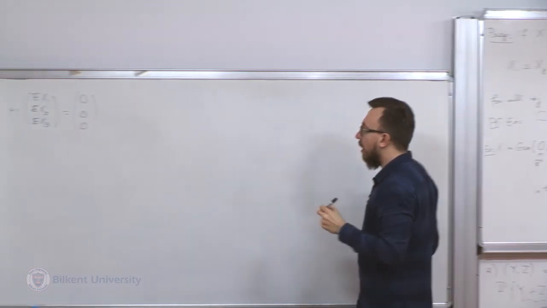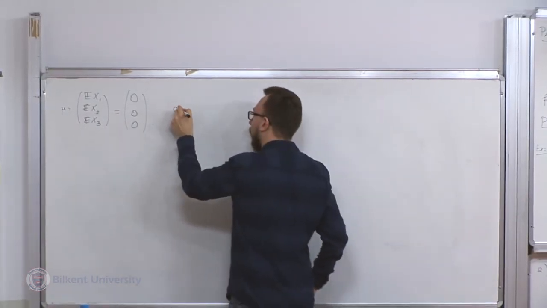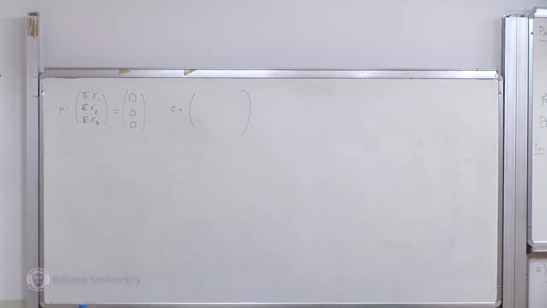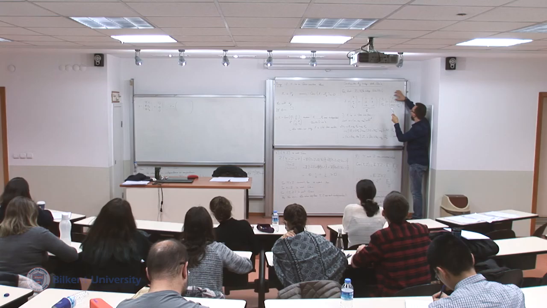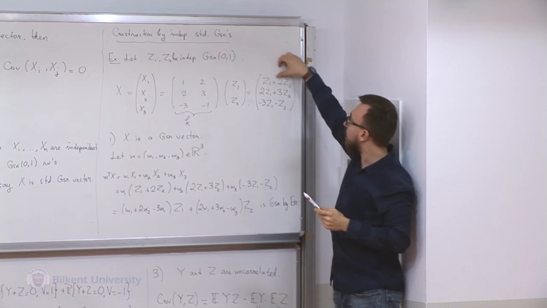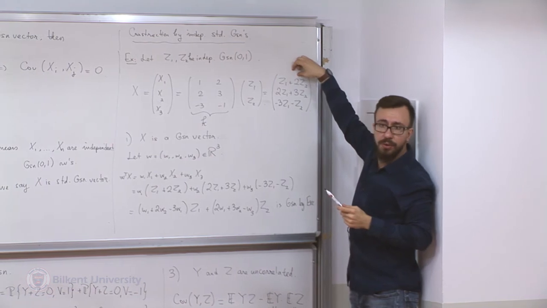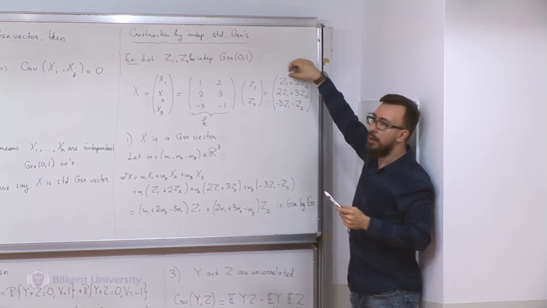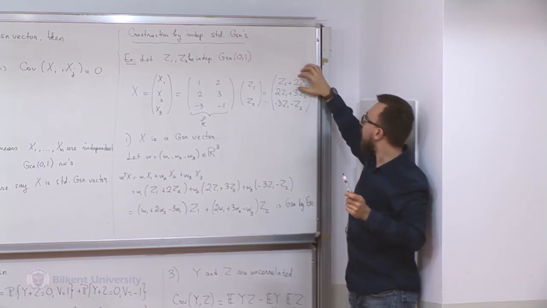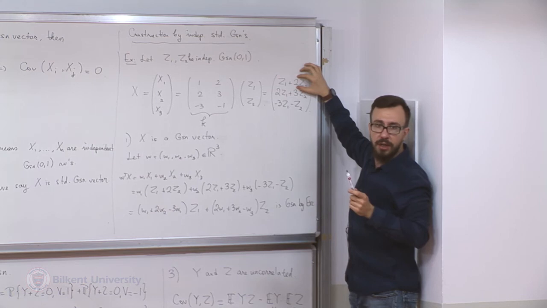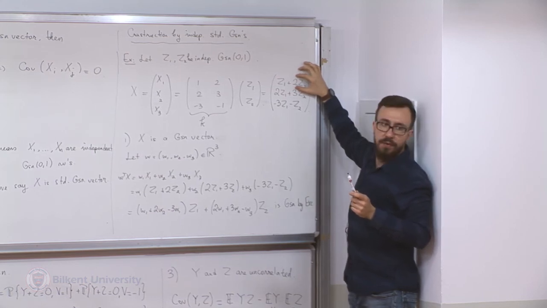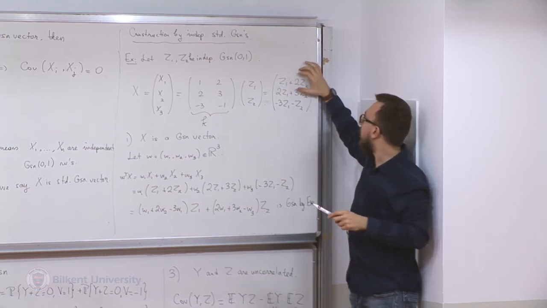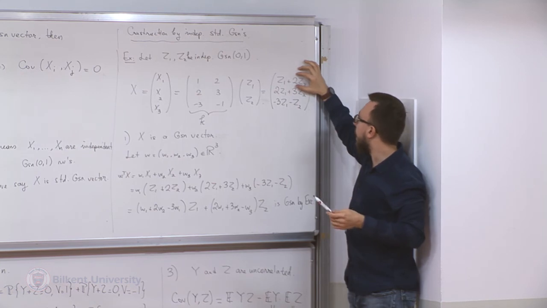Now what is the covariance matrix? Well, first of all, what is the variance of X1? What is the variance of Z1 plus 2Z2? 5, right? Because when you multiply by 2, you need to square this coefficient to get the variance, because in the definition of variance, you have the expectation of a square.